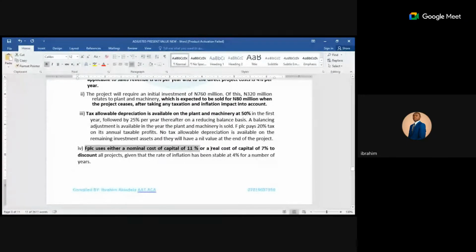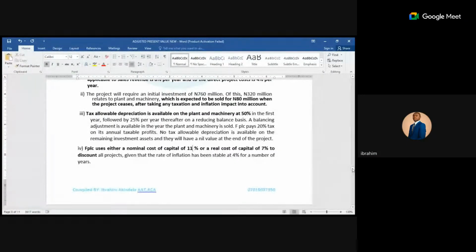They will only give you real cost of capital, knowing that what you have now is money cash flow. So you need to convert your real cost of capital to money. You can see that the general inflation is given as 4%, which you will use to convert. In fact, if you convert this, you should have 11%.